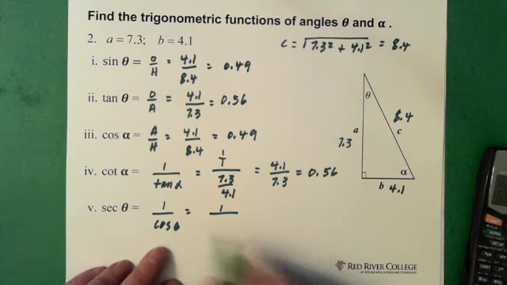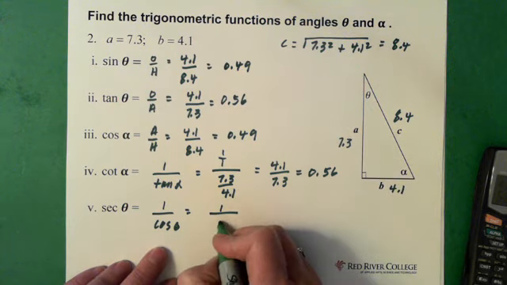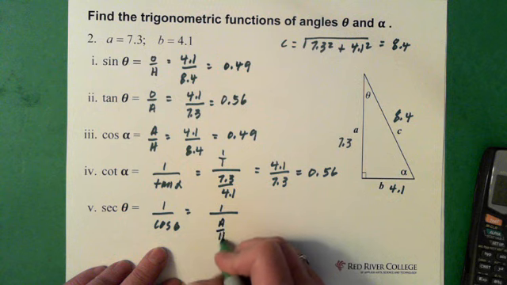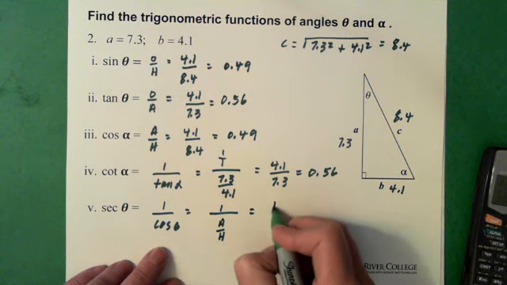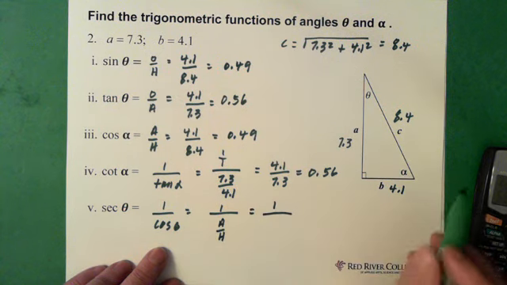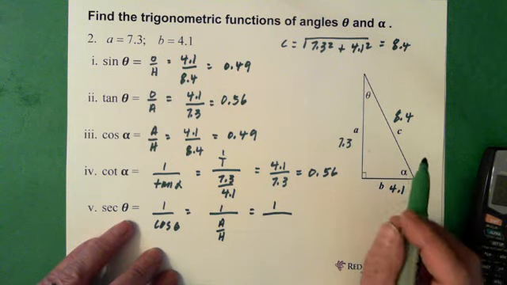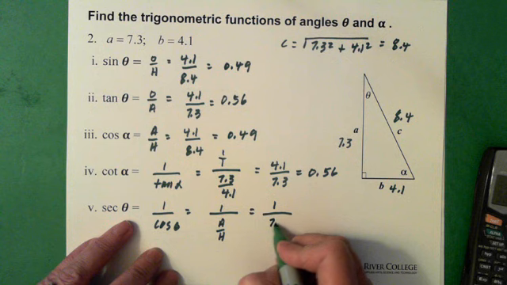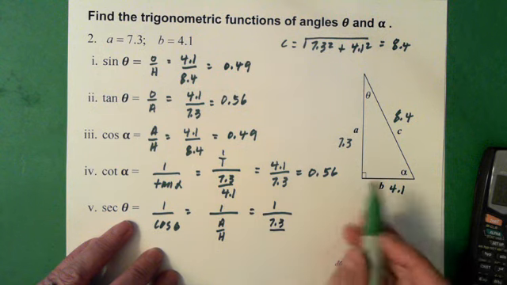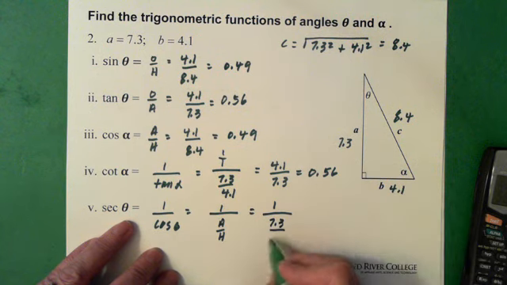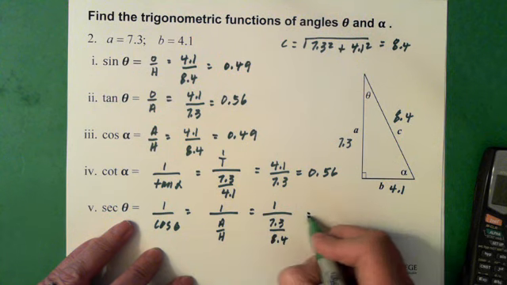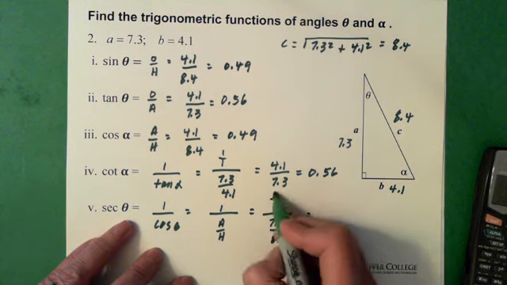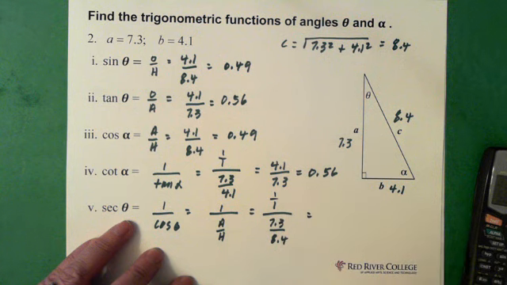So the cos of theta, yeah, let's just do it that way. Adjacent over hypotenuse. So 1 over the adjacent to theta is 7.3. And the hypotenuse is 8.4. So basically, again, division of two fractions.